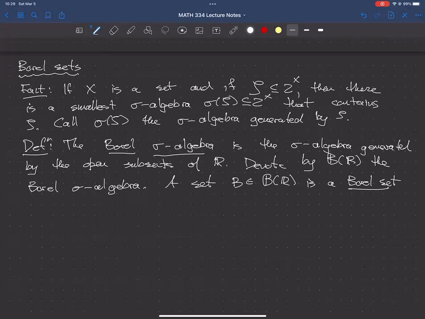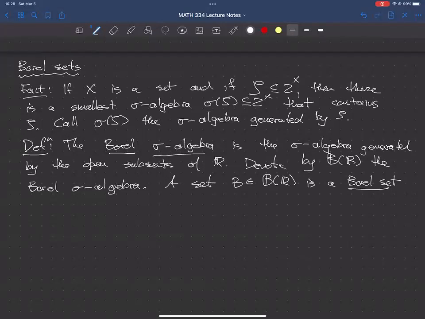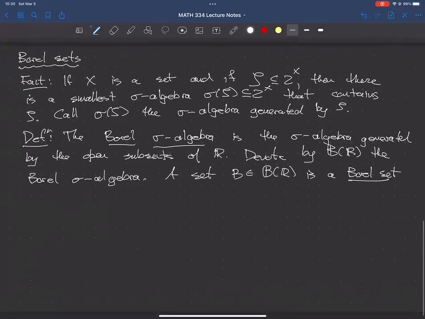Now, this isn't really how you construct the Borel sigma algebra, according to what I talked about here, but it's beneficial to think of the Borel sigma algebra as arising in this way.